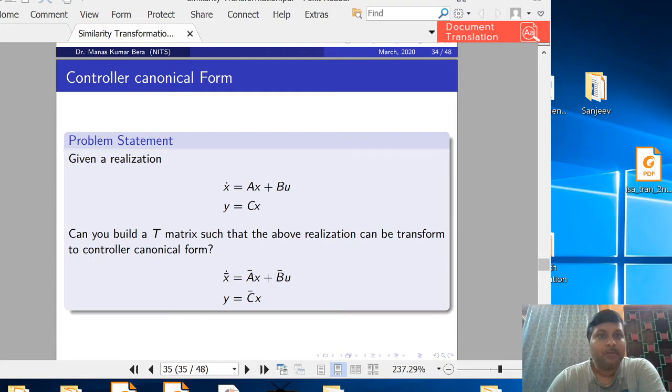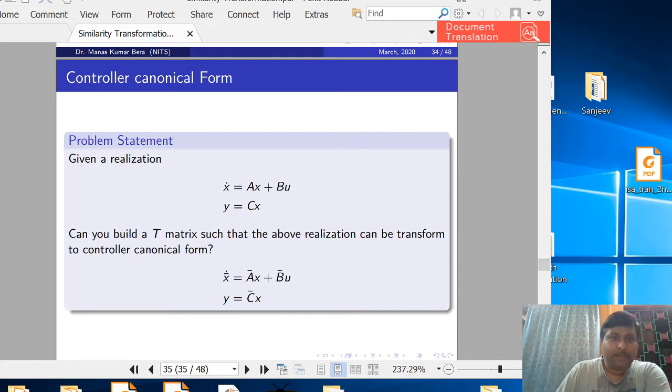Okay, now this is the last lecture about the similarity transformation. So quickly we are going to understand how we can build the T matrix to transform any realization to controller canonical form and observer canonical form. So here the problem statement is given.